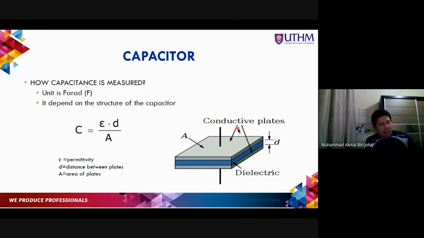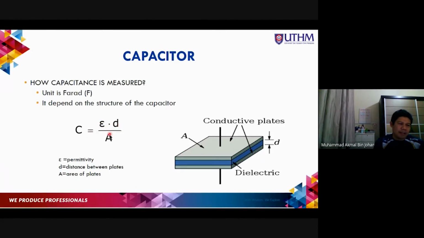So how do we measure it? The unit is the farad, with the short form F. It depends on the structure of the capacitor, in which C is equal to epsilon, the permittivity value, times A divided by d. Here d is the gap, how far apart plate A and plate B are, and A is the area value.